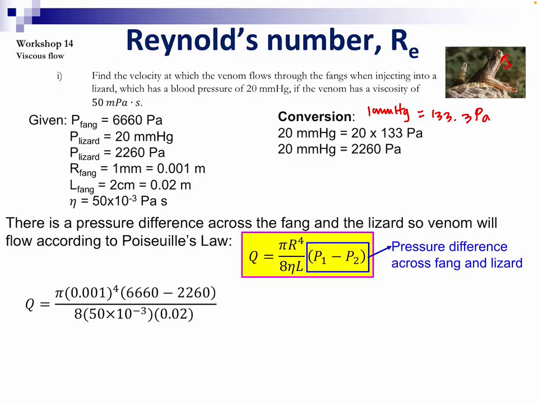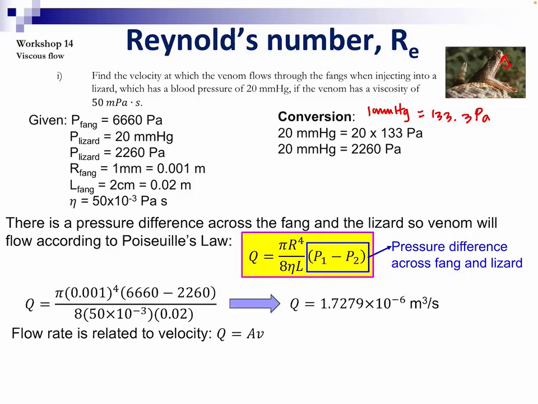We know everything: the radius, the pressure difference across the fang and the lizard, the viscosity, and the length of the fang. We get the flow rate.